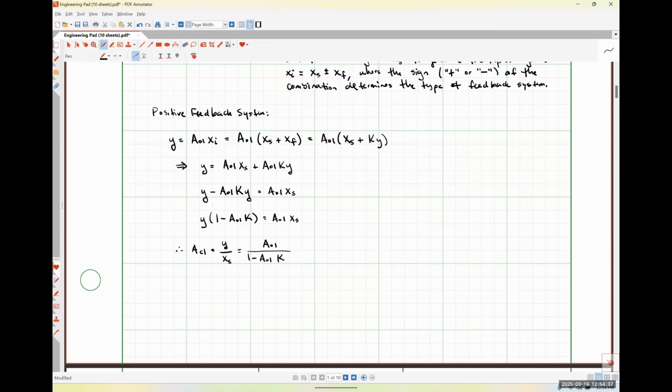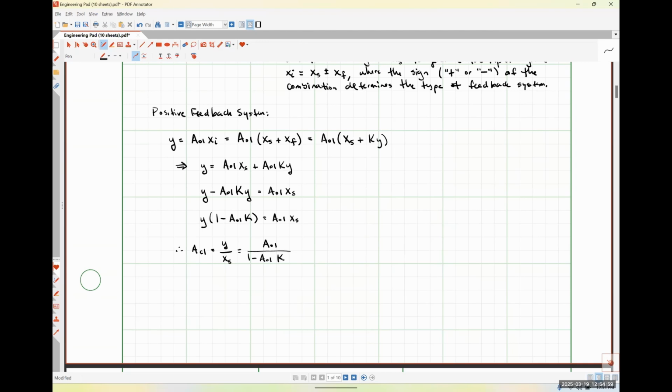So what can I say about my closed loop gain as compared to my open loop gain? Anybody have any thoughts? I mean, we can always express things as a percentage. I'm looking for something a little bit more concrete than that.